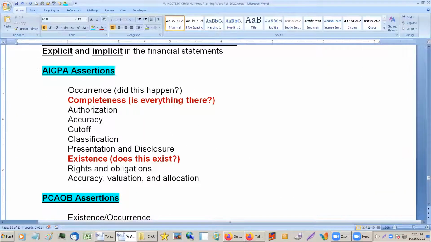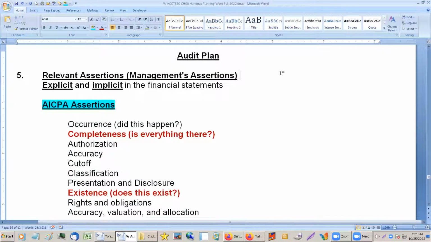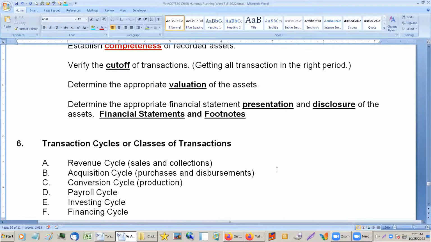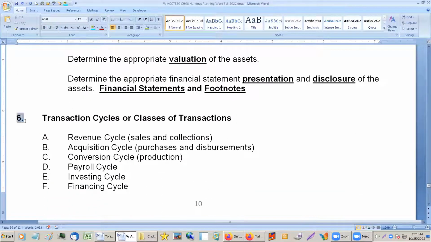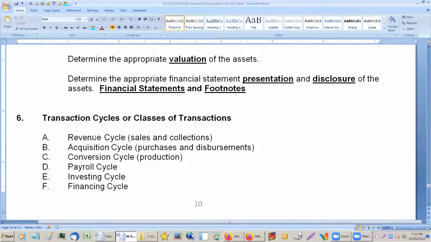All of these generally apply to specific accounts. There is auditing now where they basically want you to look at what they call the cycles.